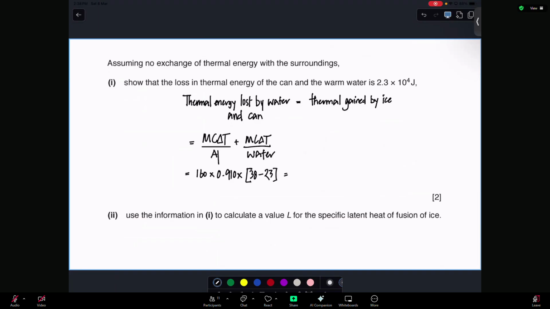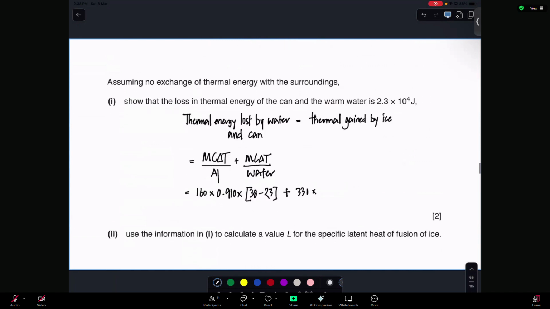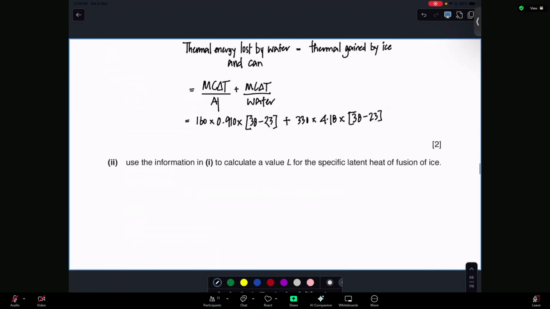Plus mass হচ্ছে 330 into water, 4.18, 4.18 into again how much? 38 minus 23. This will give you the total energy that was brought to the ice from the surrounding, the can. Whenever we take the change, we take the absolute higher value. So that means it's always the higher value minus the lower value, not final minus initial. It's always high minus low.